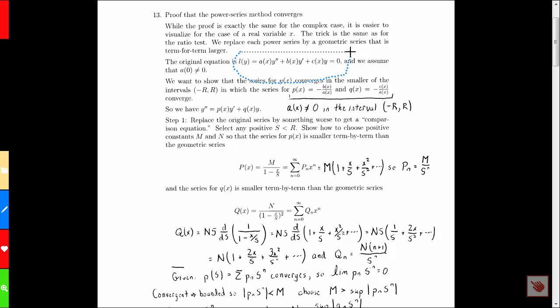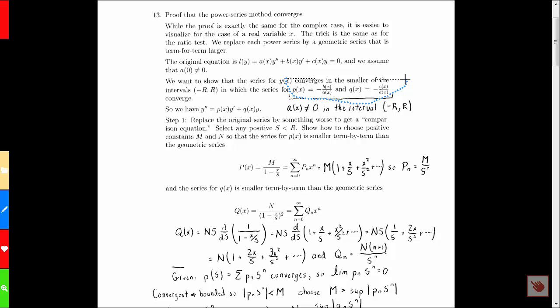We set that equal to 0, and we're assuming that a of 0 is different from 0. Since a is a continuous function, if it is different from 0 at 0, it's different from 0 for some interval around 0, and therefore we can safely divide by it.